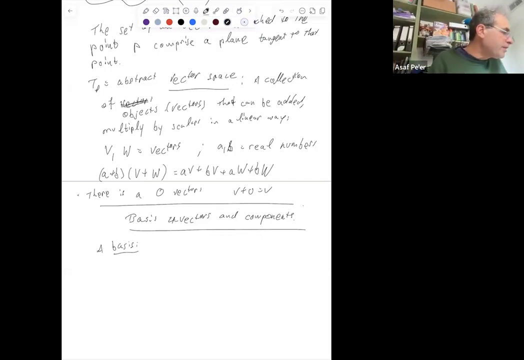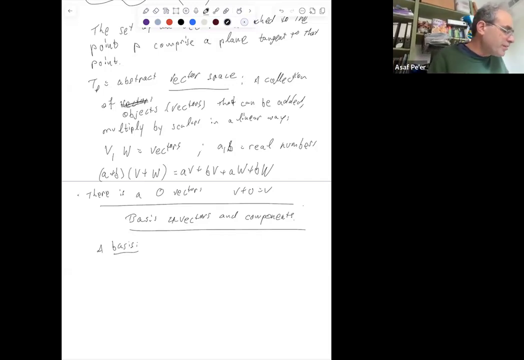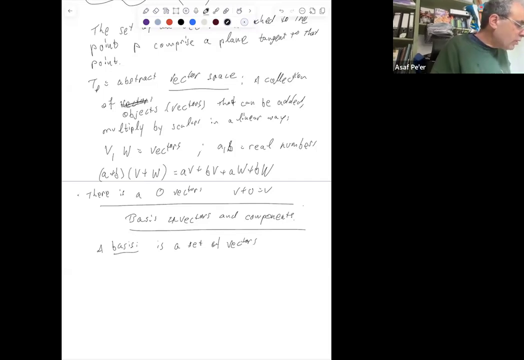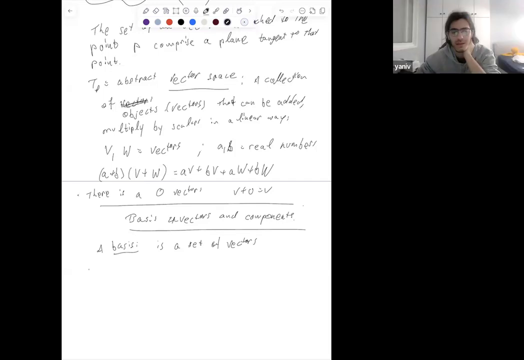So the first thing is a basis is a set of vectors that are linearly independent of each other.